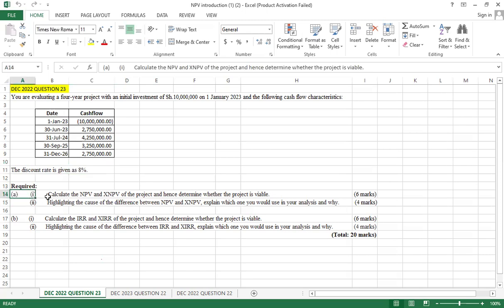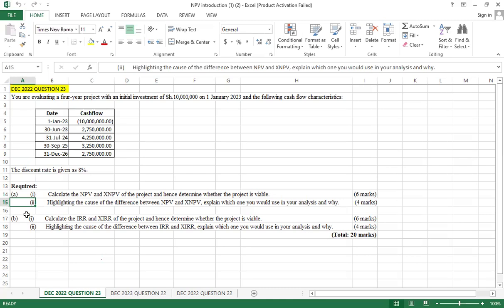Number one, calculate NPV and what we call XNPV of the project and hence determine whether the project is viable. Number two, can you highlight the cause of the difference between NPV and XNPV? Explain which one you'd use in your analysis and why.